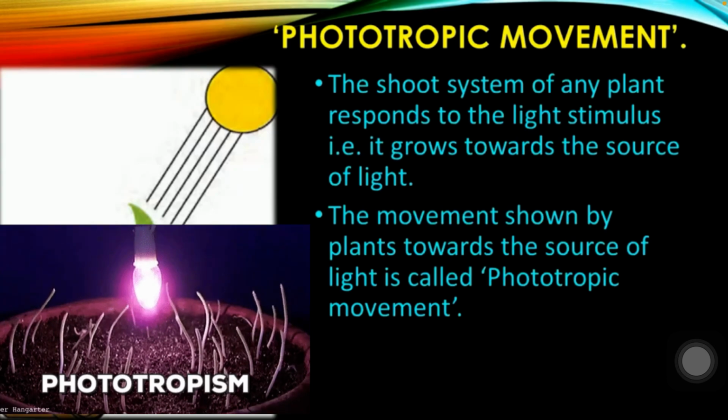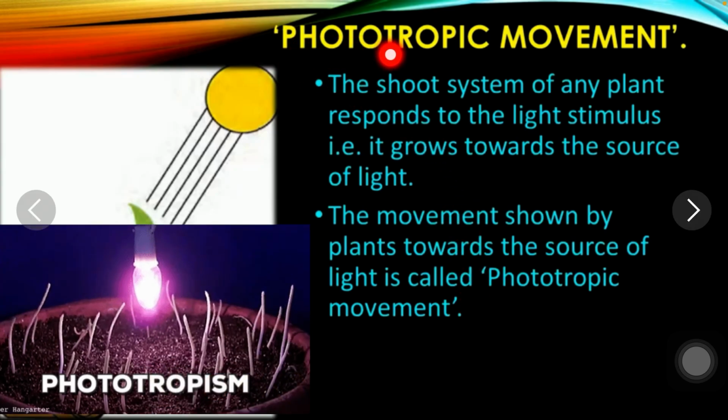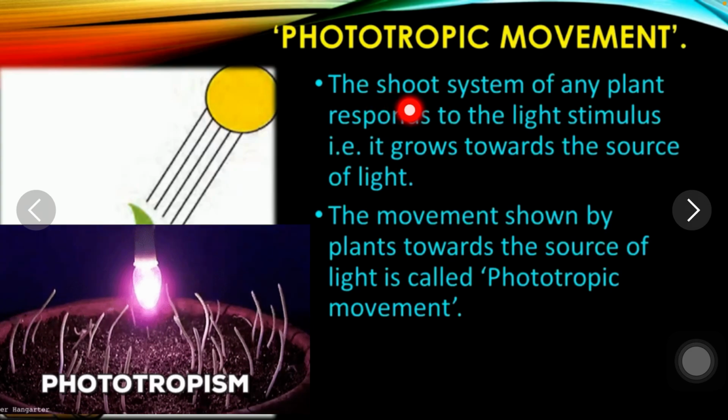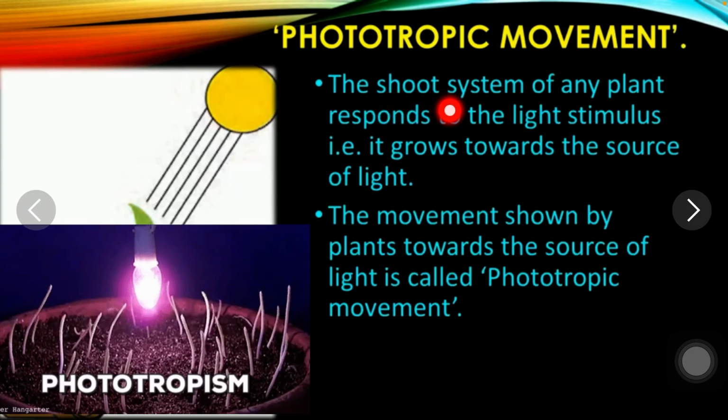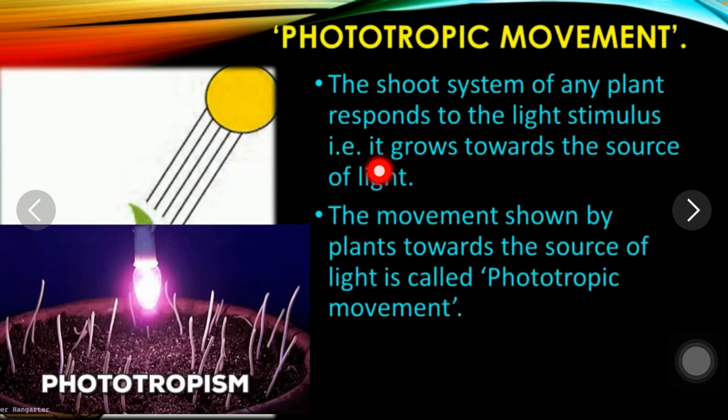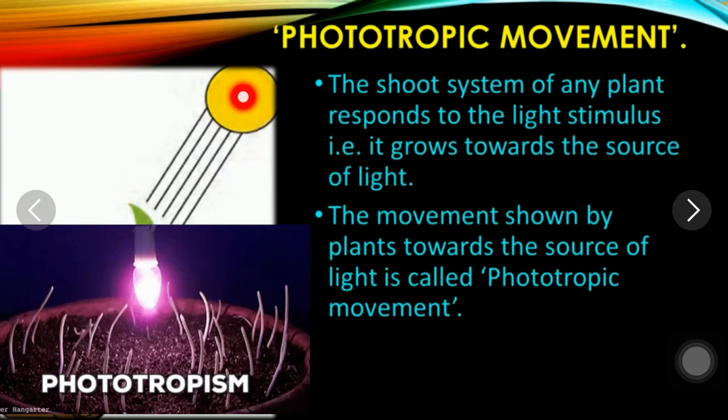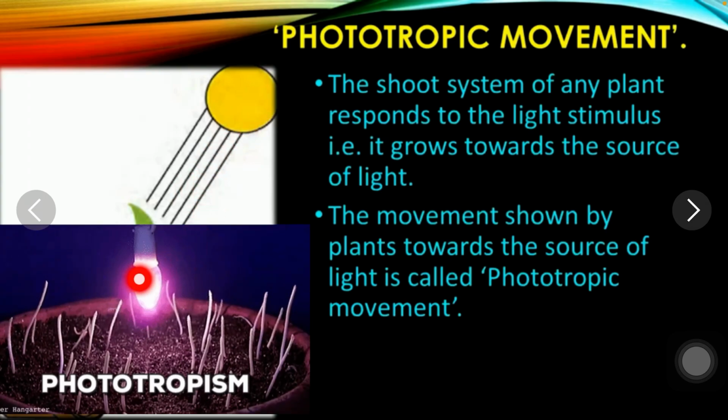The next type is phototropic movement. Usually the shoot system of any plant responds to the light stimulus. You are already aware of the shoot: the root is below and the upper part is called the shoot. Light stimulus may be sunlight, light from the sun, or any kind of light.